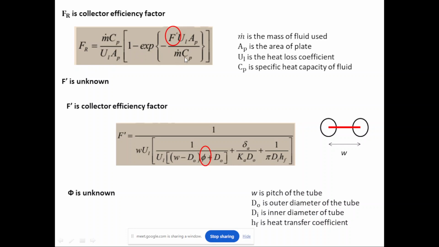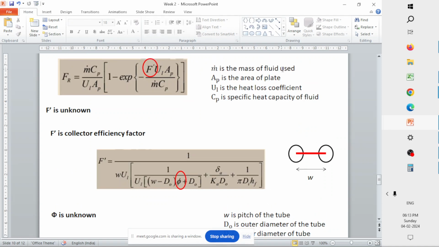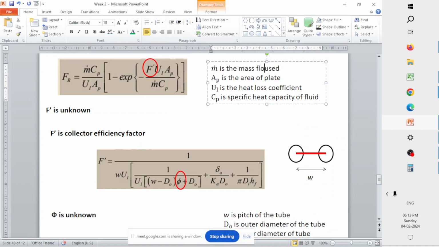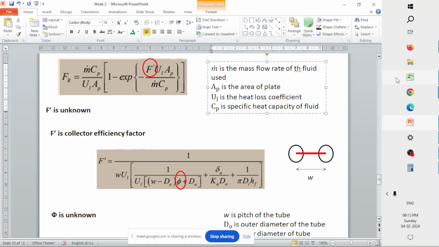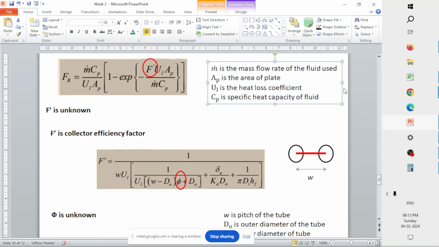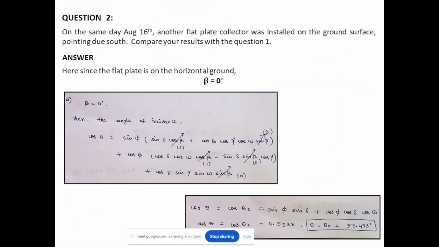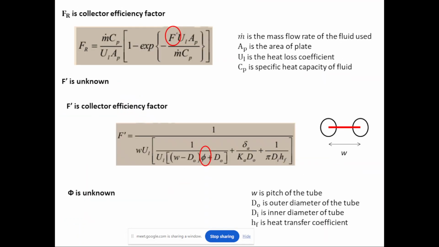So m dot is the mass flow rate of the fluid used, and the units will be in kg per second. AP is the area of the plate, the effective area of the plate on which the solar radiation is incident.